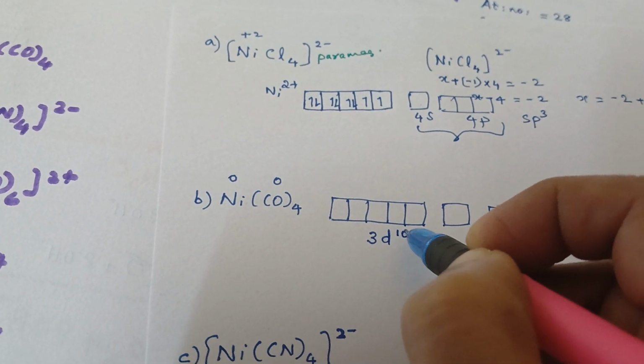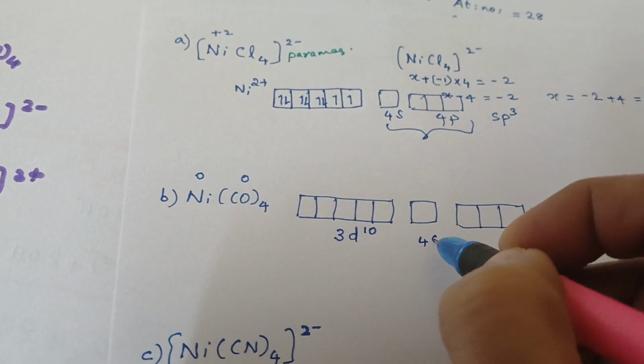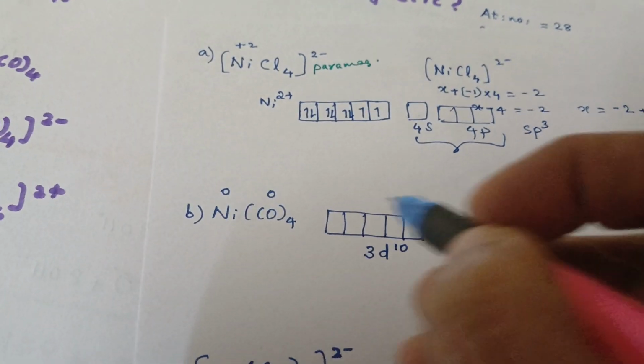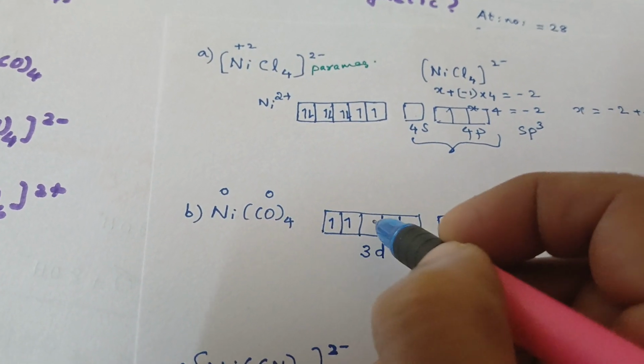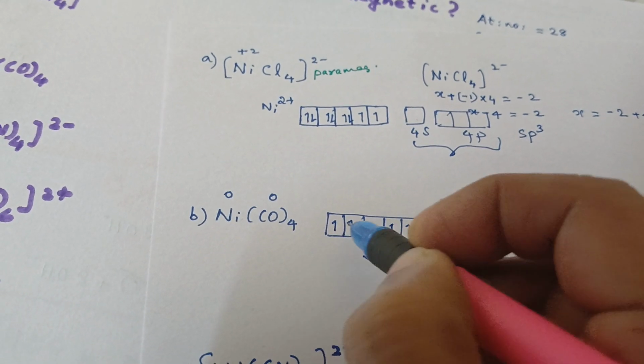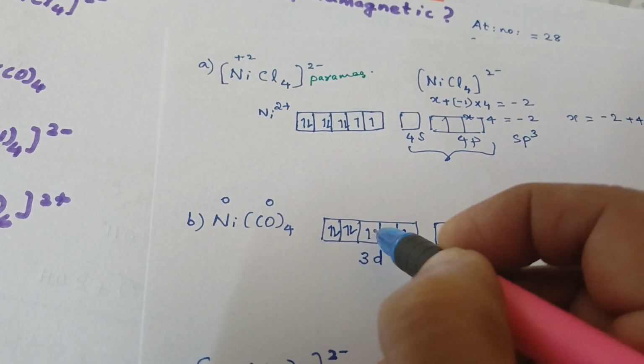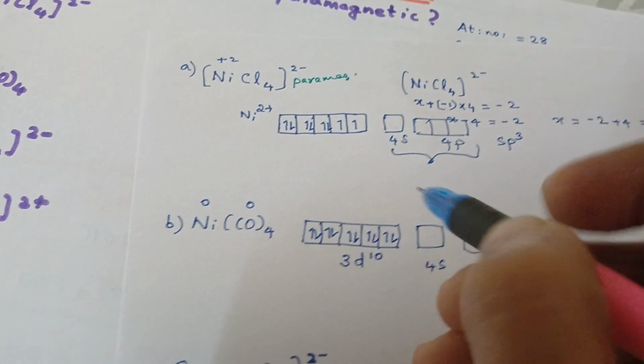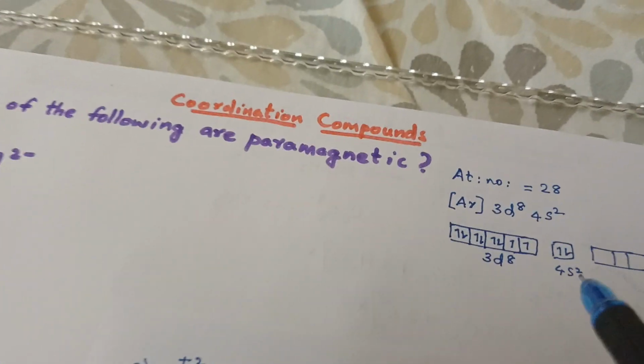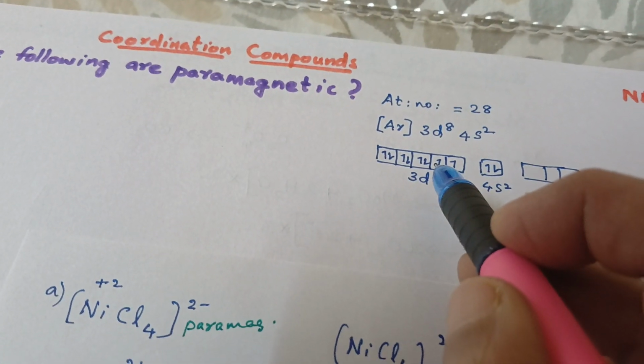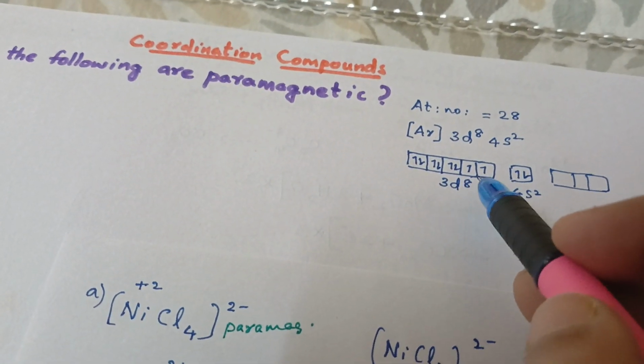It will have 3d10, and 4s and 4p will be vacant. So let us see, 1, 2, 3, 4, 5, 6, 7, 8, 9, 10. Those 2 electrons from the 4s paired up with the 3d8.